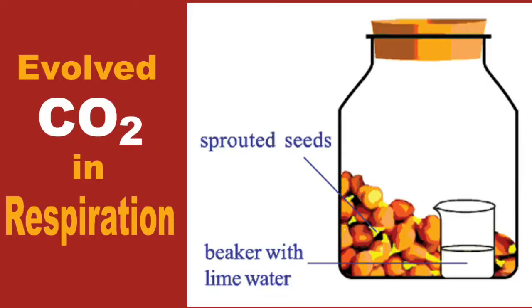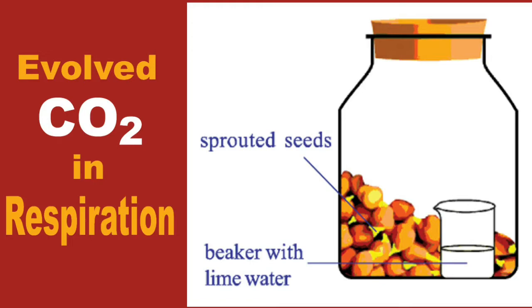Keep these sprouted seeds in a glass jar or a plastic bottle which has a wide mouth. That means we should take a wide-mouthed glass bottle or maybe a plastic bottle, but it should be transparent. Next, take a small beaker and fill 3/4 of the beaker with lime water.